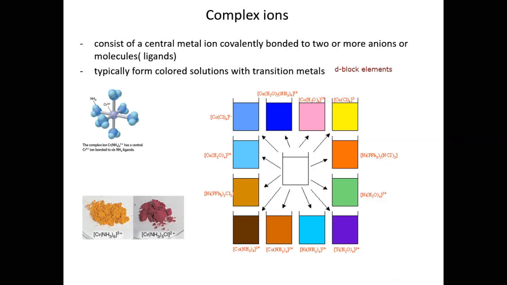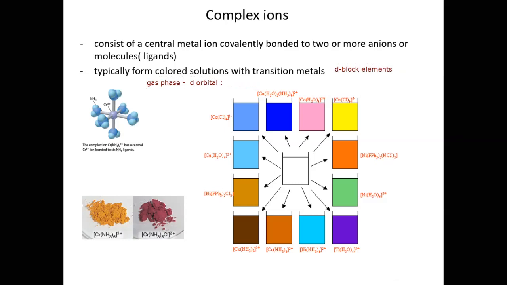And in gas phase, we learn about the D block, the D orbital, we say has 5 degenerate orbitals. And then the electrons occupy these degenerate orbitals.